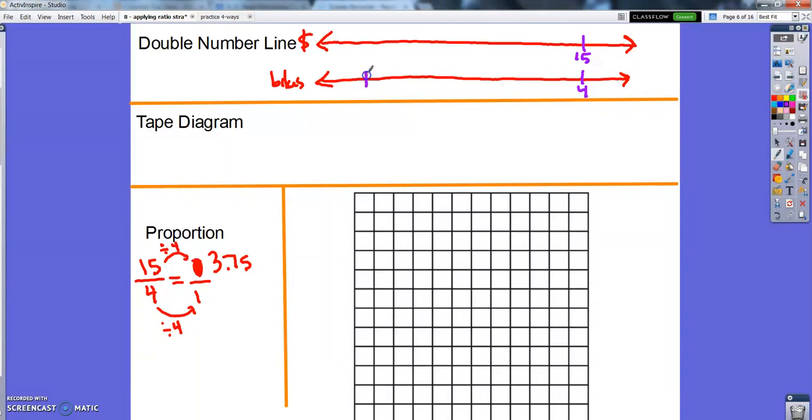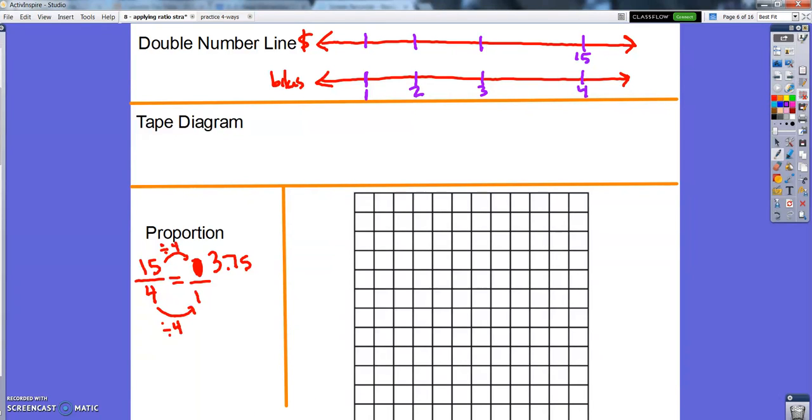I want to know what goes with 1 bike. And so there's going to be 1 bike, 2 bikes, 3 bikes, 4 bikes. And so I have a number that goes with 2 bikes, and I have a number that goes with 3 bikes. So altogether I've got 1, 2, 3, 4 bikes. So I need to divide that number by 15 to see what goes at each one of these.